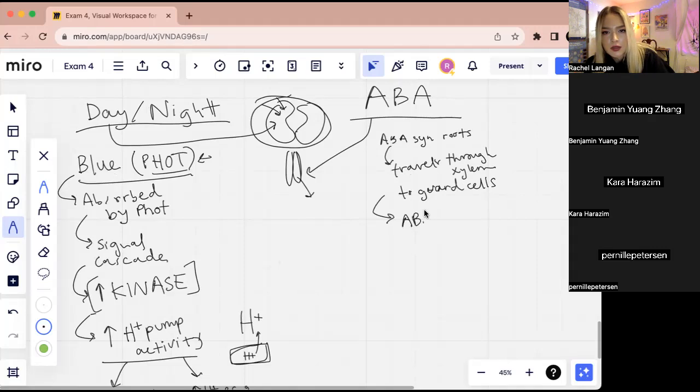This is also going to be ABA in the cytoplasm. So ABA binds a receptor in the cytoplasm.